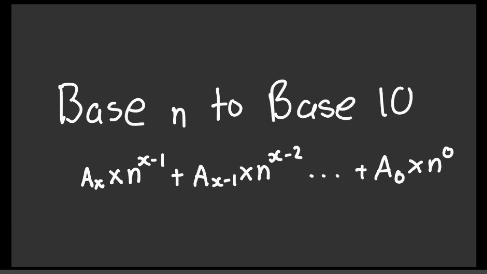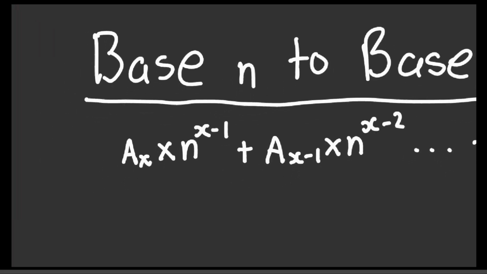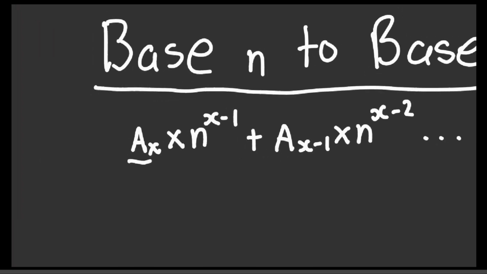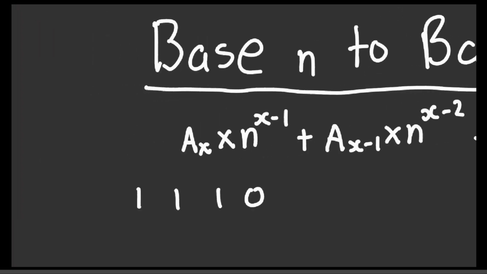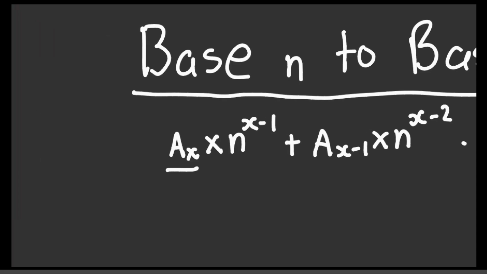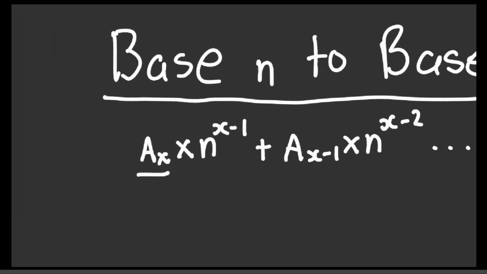An easy way to remember how to convert any base n system to base 10 is to know that it would be a_x times n to the x minus 1. So a is any value that you're currently on. If it was, for example, the number that we just had, this is your a_x, this is your a_(x-1), a_(x-2), and so forth. So it would be that value that you have there times your base.